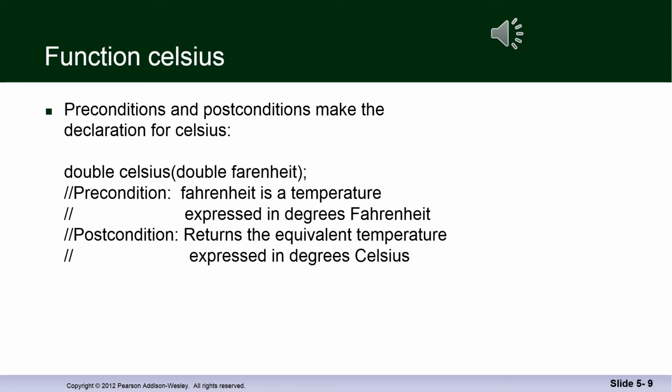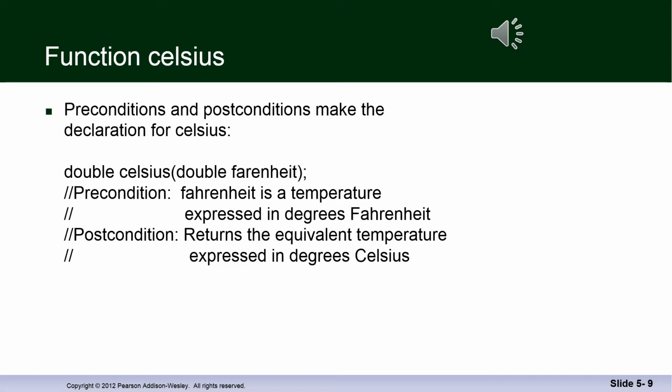Here we use precondition and postconditions for the declaration for the Celsius function. The Celsius function, if you recall, returns a value. It's a double, and its argument is a Fahrenheit temperature as a double. So the precondition: Fahrenheit is a temperature expressed in degrees Fahrenheit, and the postcondition: returns the equivalent temperature expressed in degrees Celsius.